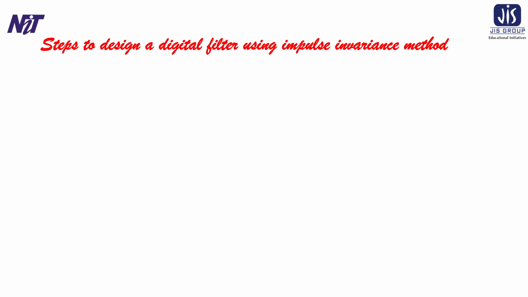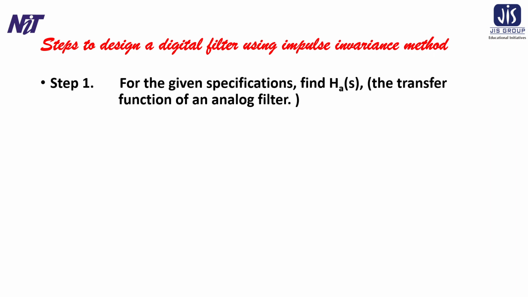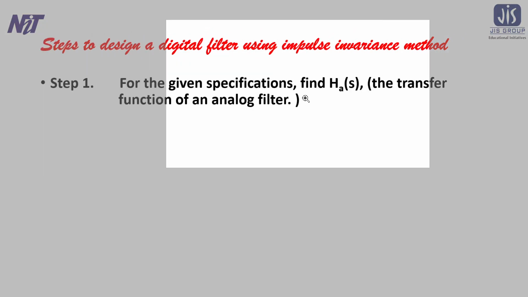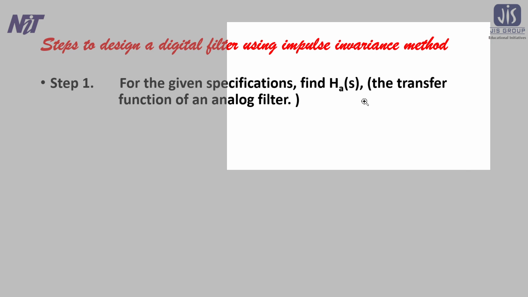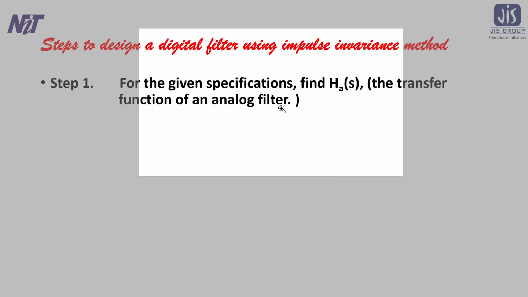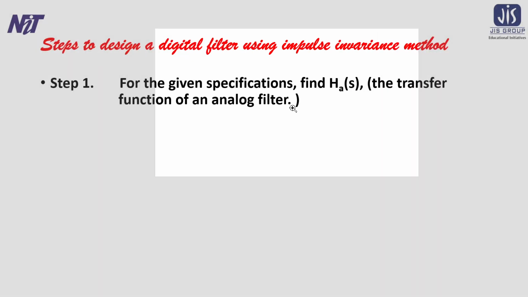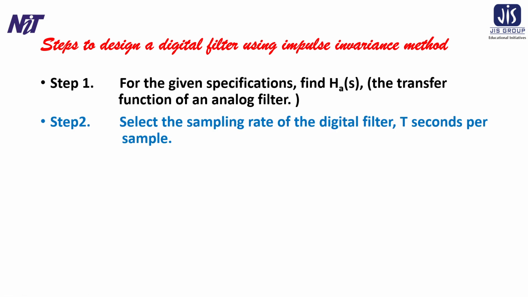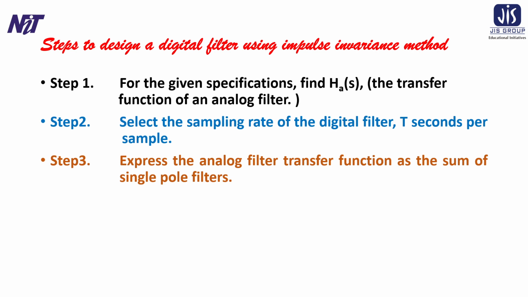Today I start with the steps to design a digital filter using the impulse invariant method. Step number 1. For the given specification, find H(s), which is the transfer function of an analog filter. Step number 2. Select the sampling rate of the digital filter, that is T seconds per sample. Step number 3.